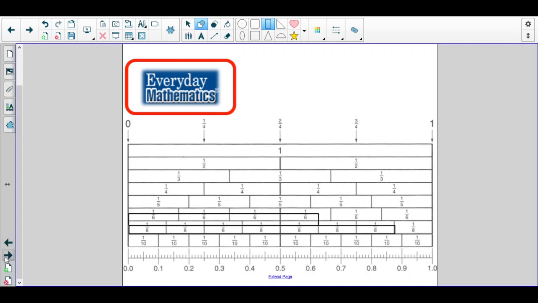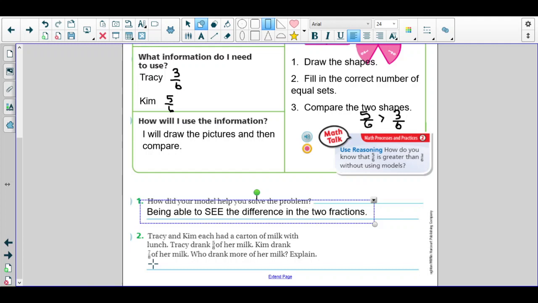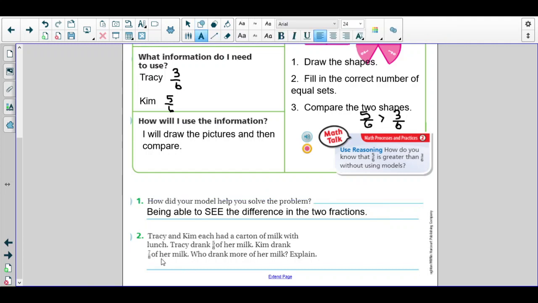So for this one, who drank more milk? Kim drank more milk. Explain.